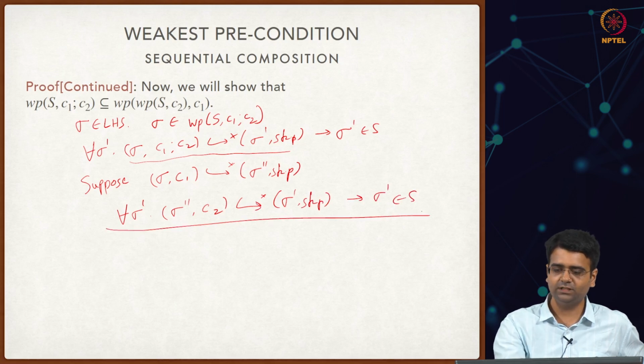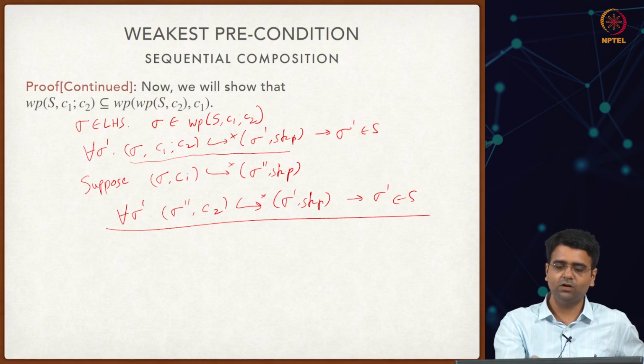So how do we know this? Because I know that this sigma double prime is obtained on executing C1 on sigma. Now if I take any such state and execute C2 on sigma double prime and reach the state sigma prime, that essentially means that I have executed C1 semicolon C2 on sigma.